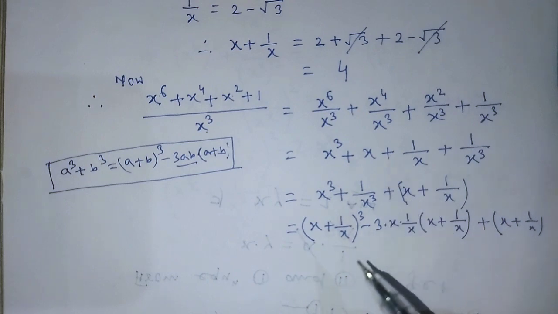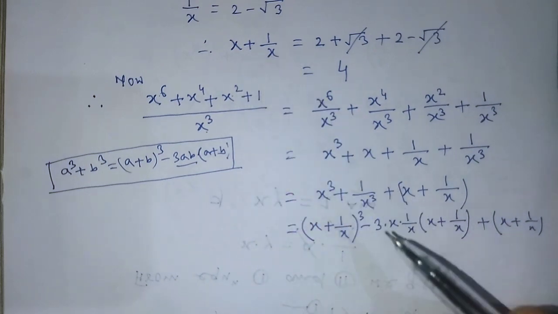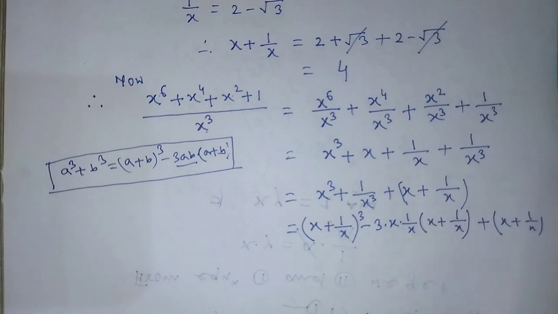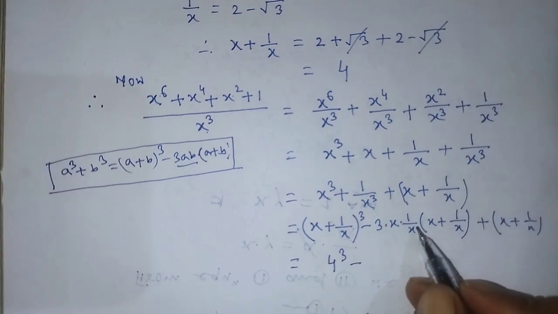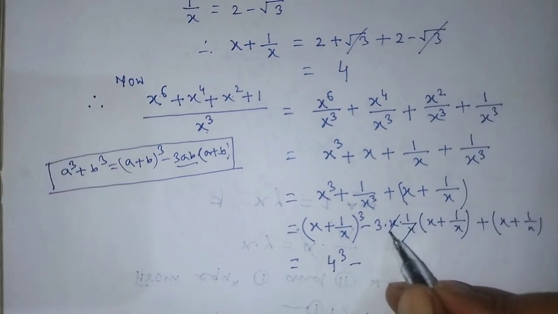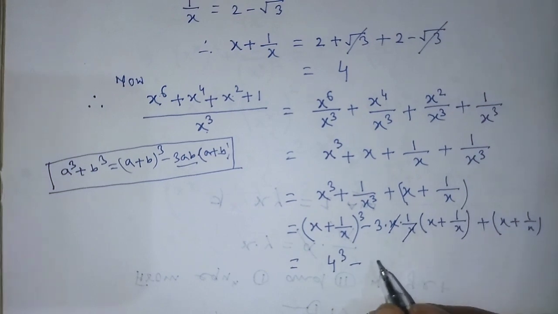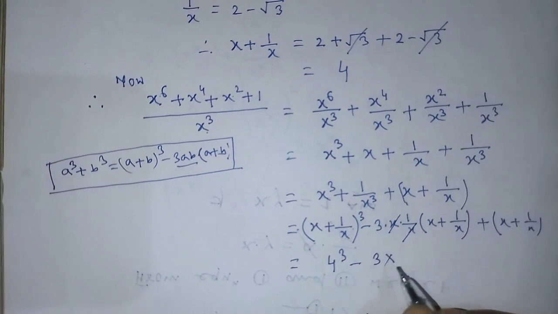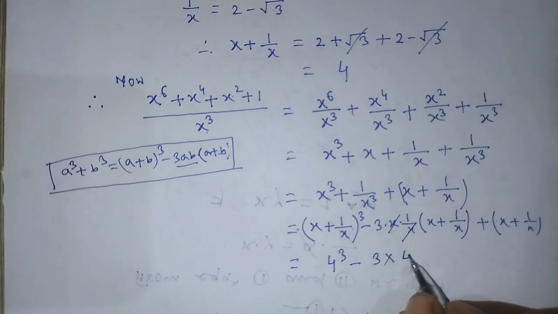Now we can put the value of x plus 1 over x in this algebraic expression. So we can write 4 to the power 3 minus, we can cancel x from numerator and denominator in the second term, so 3 into the value of x plus 1 over x, which is 4, so again we write 4.